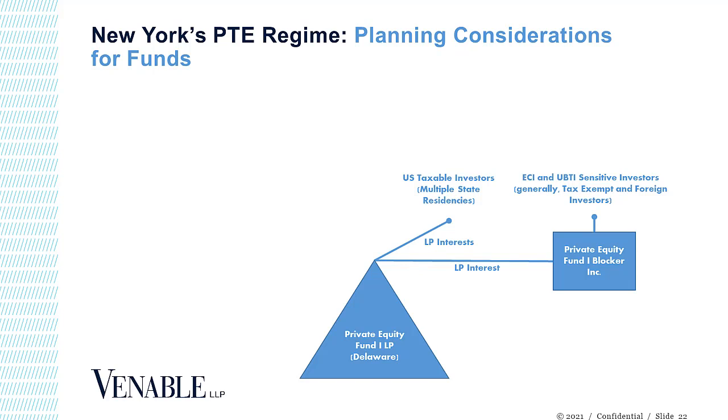And for your tax exempt and foreign investors, oftentimes a fund will set up a blocker, because these are your ECI and UBIT sensitive folks. They invest through a corporate blocker. And so, as Chris mentioned with Zubaz, shout out to Zubaz, the corporate member of the pass-through entity gets carved out in this analysis.